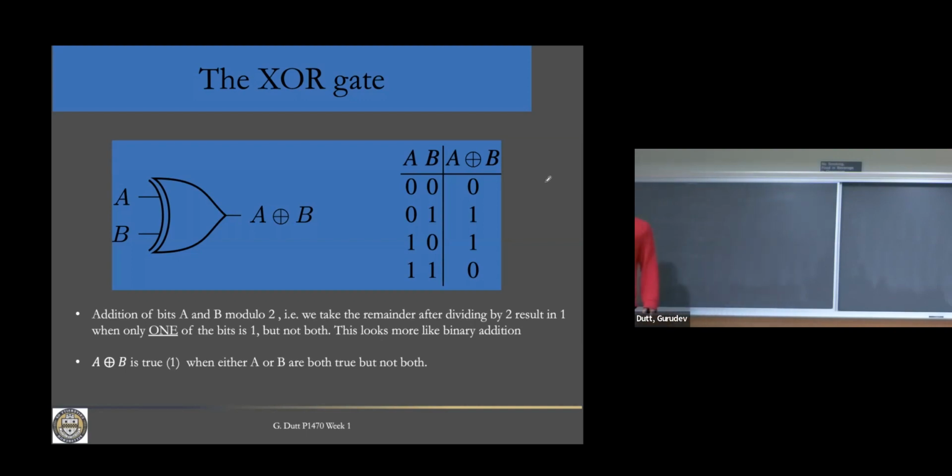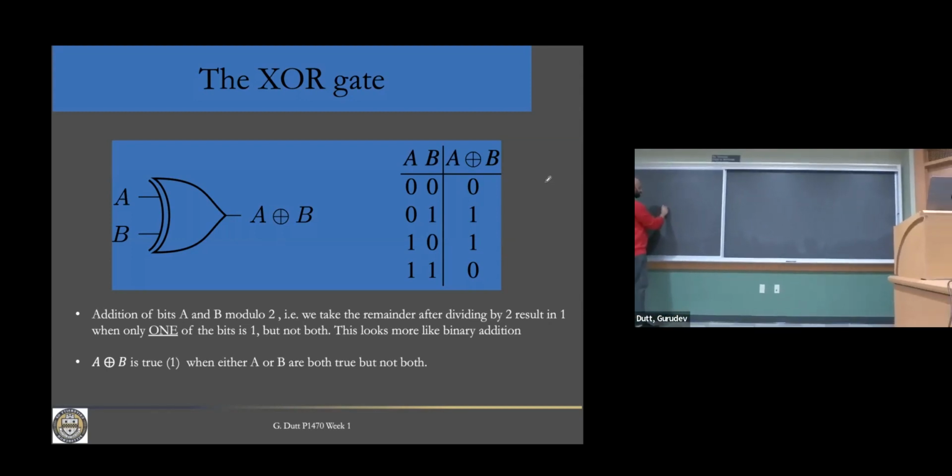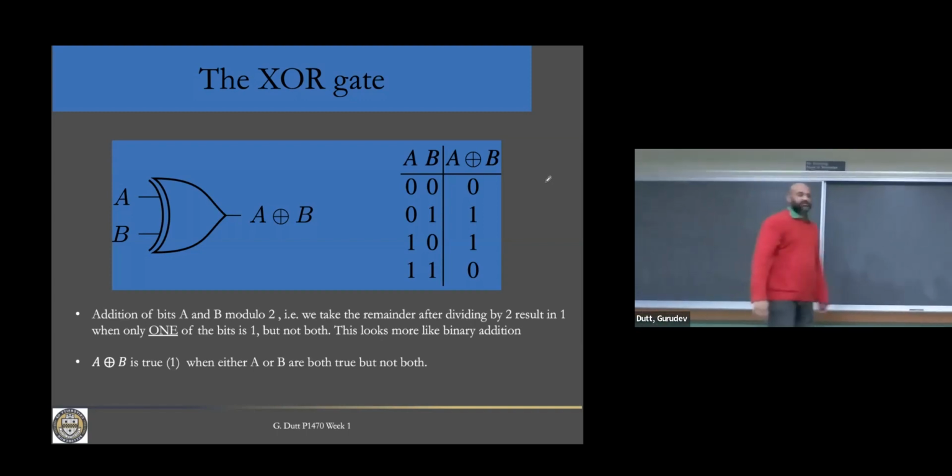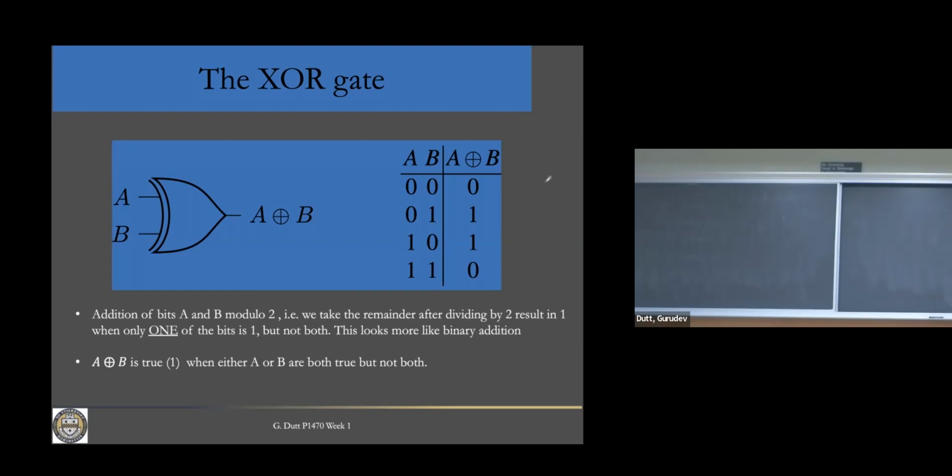The circle denotes the modulo 2 addition and also denotes in this case the XOR gate operation. So this is A, this is B, and then we get 0, 1, 1, 0. So that is the XOR gate or the modulo 2 addition operator.